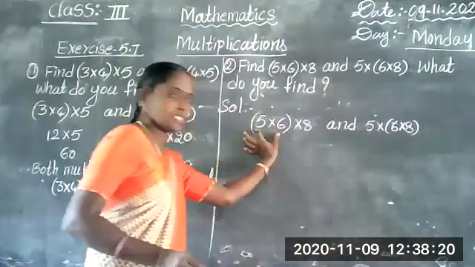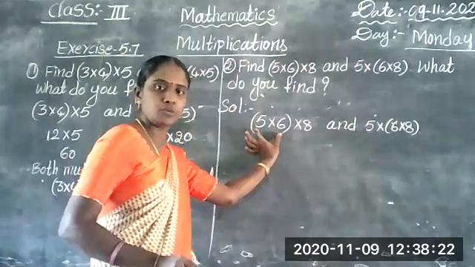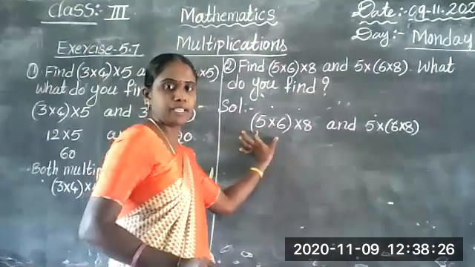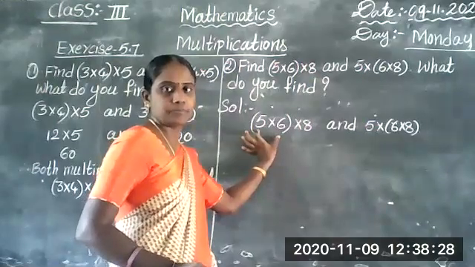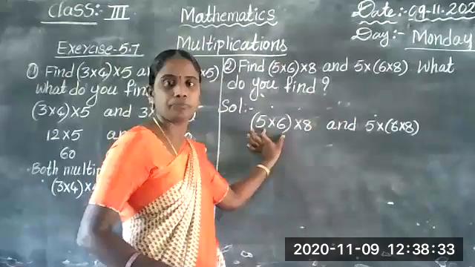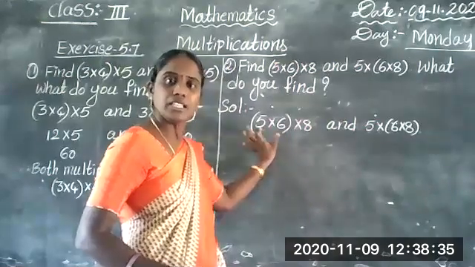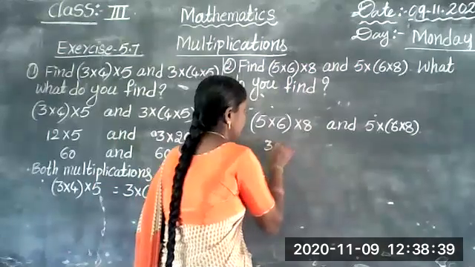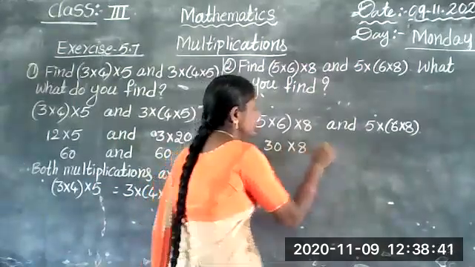First, do these two numbers' multiplication. 5 and 6: what is the product of 5 and 6? 5 sixes are 30. First write 30. 30 × 8.